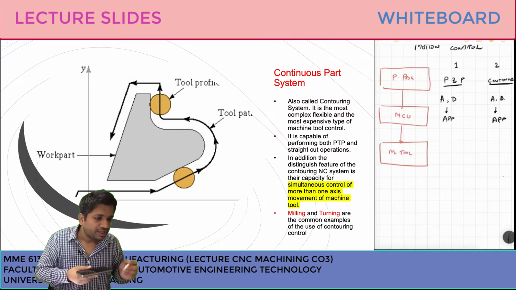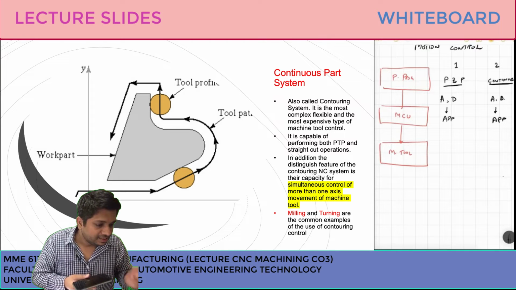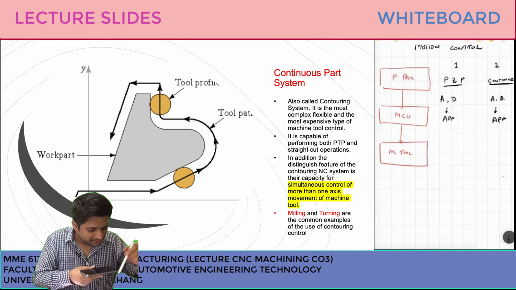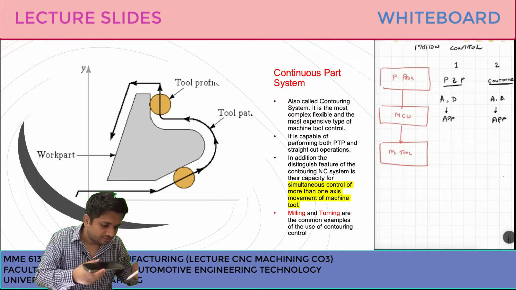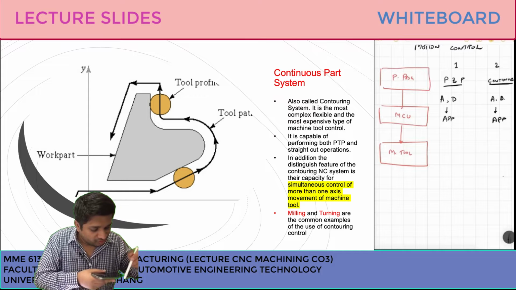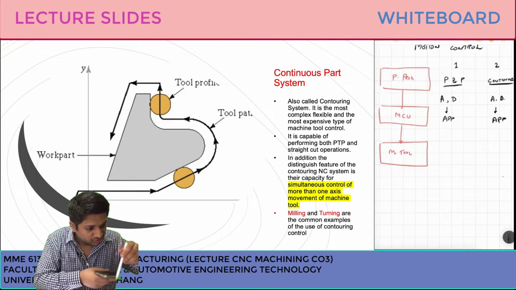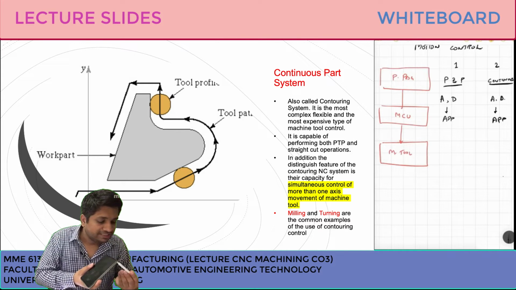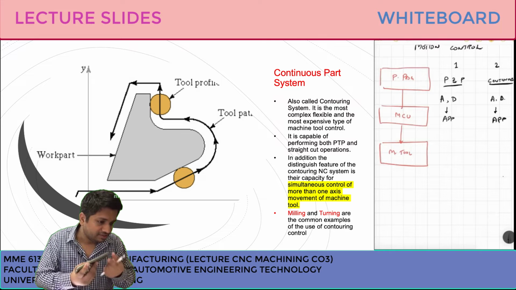As you can see, in a continuous path system, complex shapes such as that of this phone can be obtained, and we can machine complex contours and complex curves. This is a three-dimensional curve. It's not just a single curve, it is a curve in both directions.